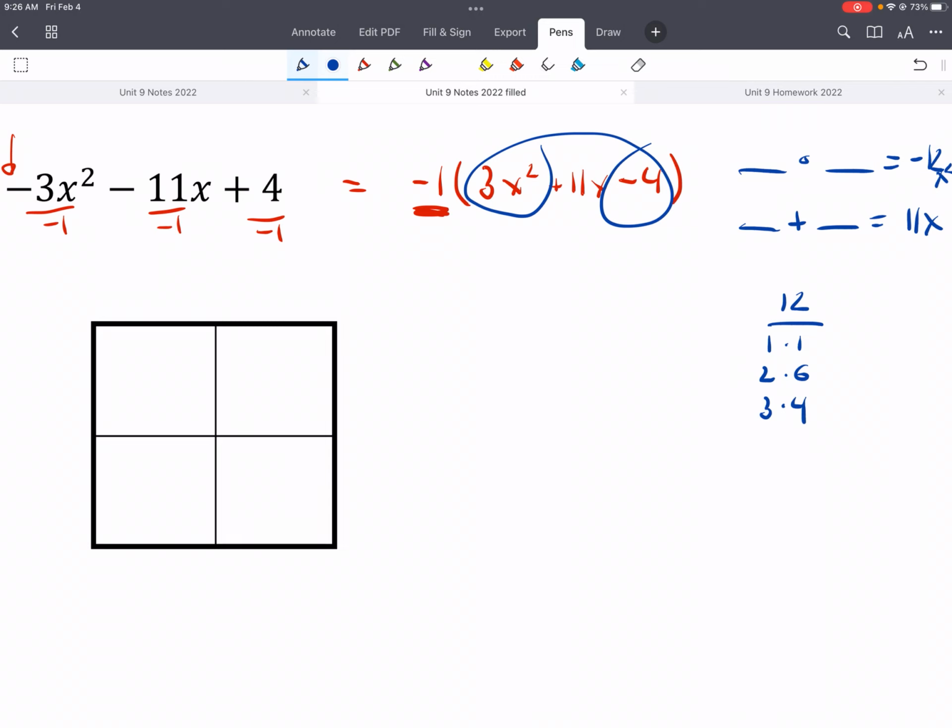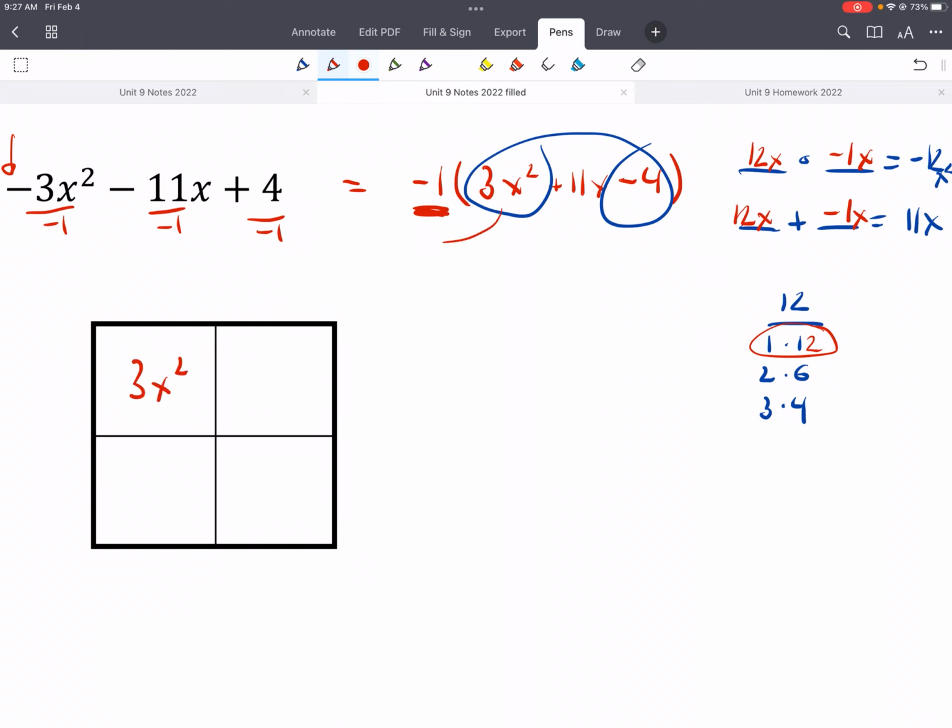And one needs to be positive, one needs to be negative. So looks like 1 and 12 would work. 12 would be positive, and then the 1 would be negative, would give us 11, and then 12 times negative 1 does give us negative 12. So that would work.